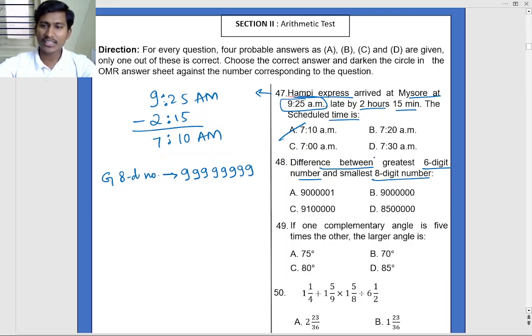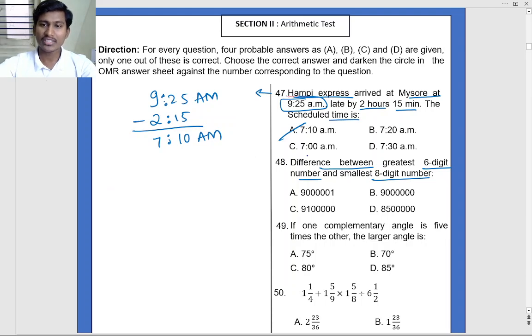Now what are they asking next? Here we missed it. The question is the difference between greatest 6-digit number, not 8-digit number, and smallest 8-digit number.